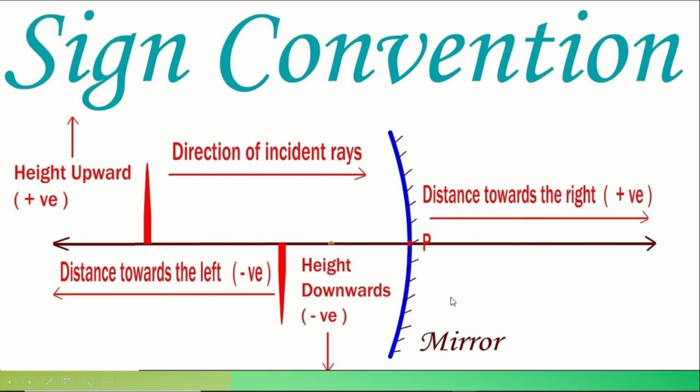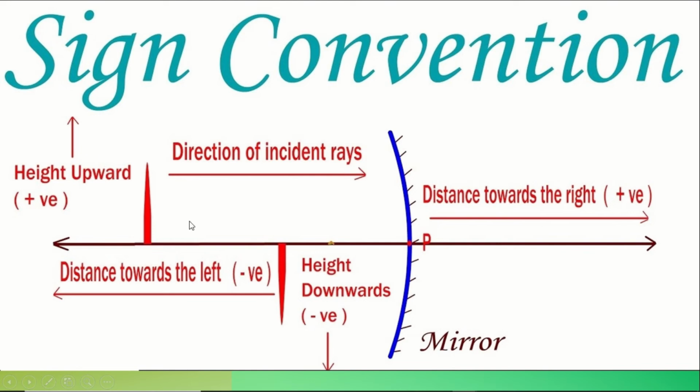The following convention is that the object is always placed to the left of the mirror. This implies that light from the object falls on the mirror from the left hand side. The left hand side is always considered as the negative part, right?